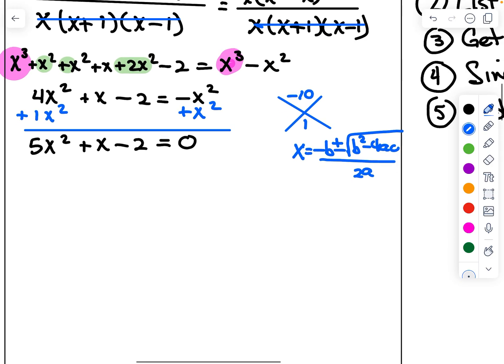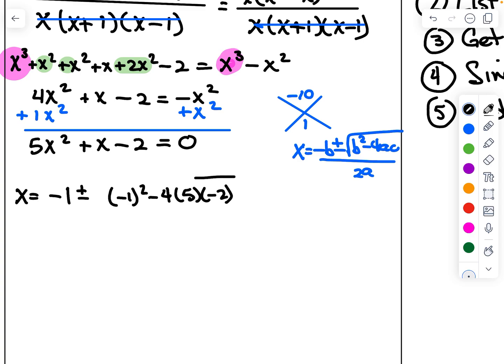Okay, so x is going to equal negative 1 plus and minus the square root of negative 1 squared minus 4ac all over 2 times 1.